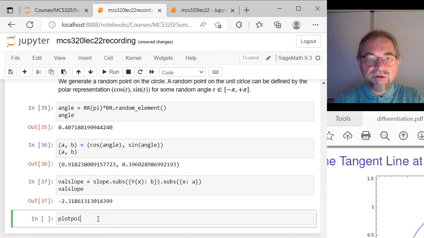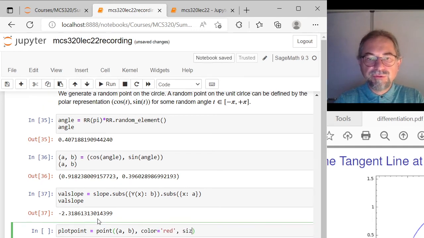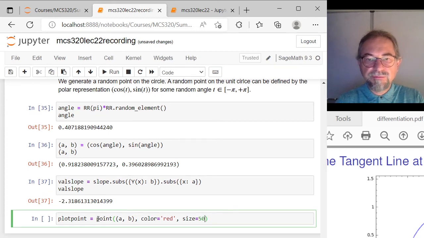So I have the plot of the point. So there is the point that I can use with the coordinates a and b. So I'm going to make it a red point. And in order to see this, the size should be significant.